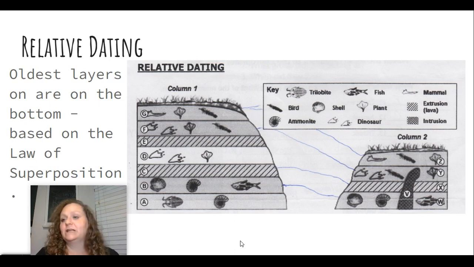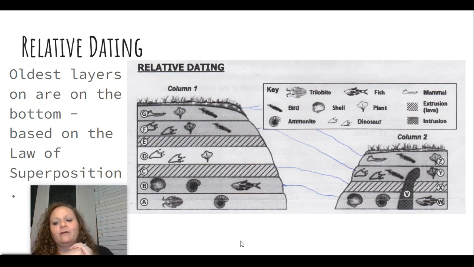Law of superposition is lengthily worded, but really what you guys need to know is it just means that layers that appear on the bottom have to be older than the layers that are on top of them, which makes sense. It also actually deals with layers that occur through. So sometimes you see cutouts.